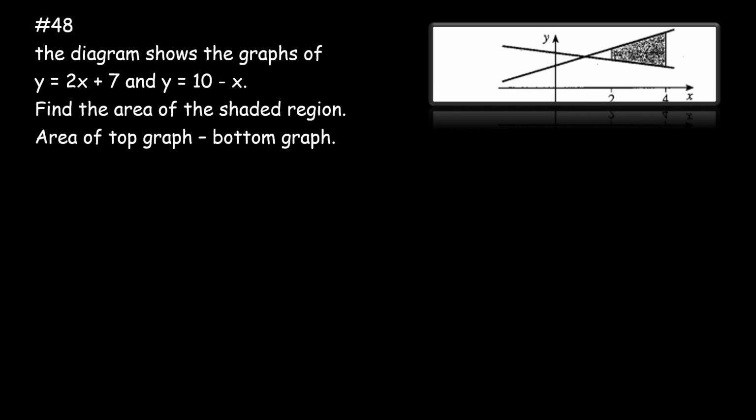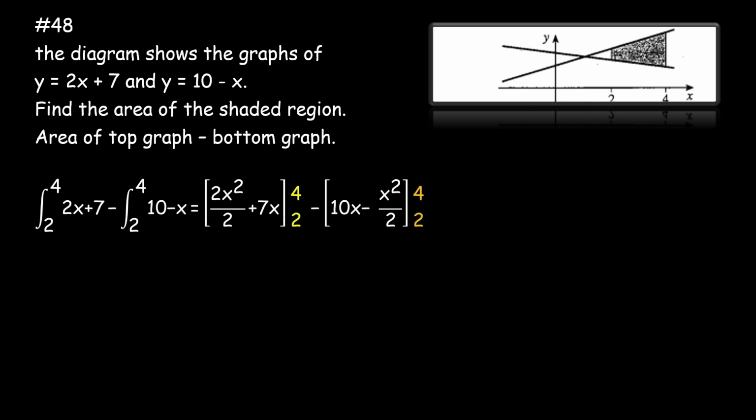So the integral of 2x plus 7 minus the integral of 10 minus x, and it's given between the region 2 and 4. So if we integrate 2x plus 7, we're going to have 2x squared over 2 plus 7x.